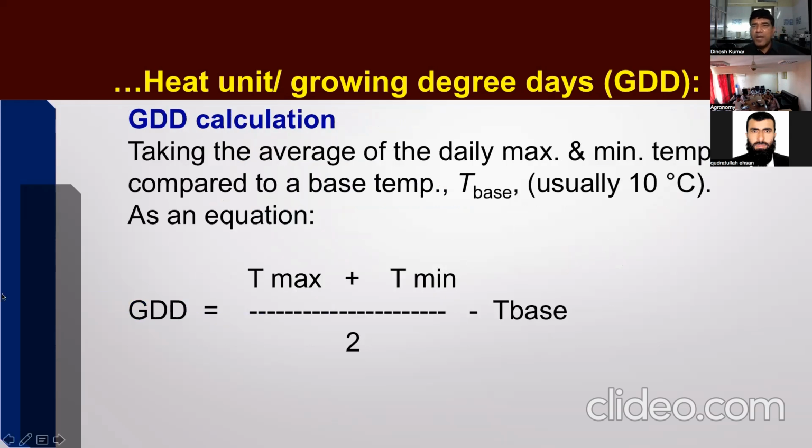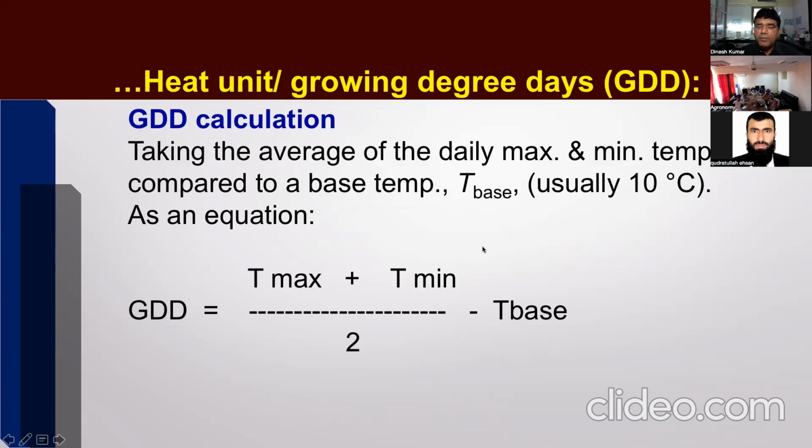So you can see how to calculate growing degree days. Take the average of the daily maximum and minimum temperature compared to a base temperature, T base, usually 10 degrees centigrade. As an equation, growing degree days is equal to T max plus T min, maximum temperature, suppose today, what is the maximum temperature?